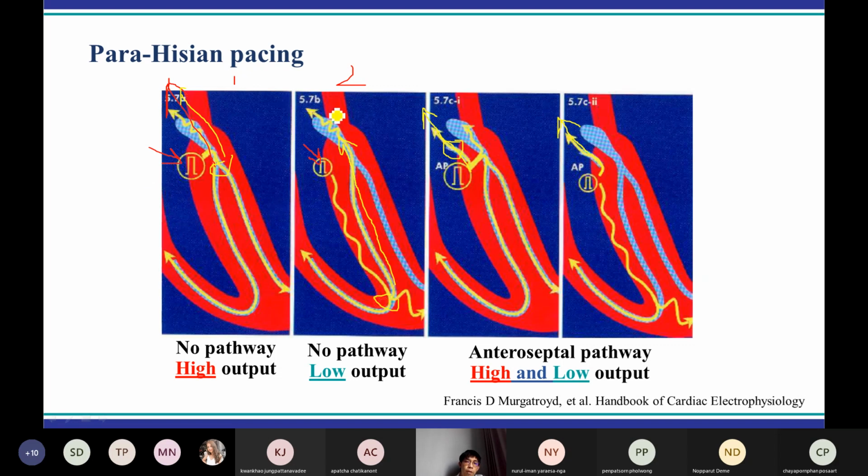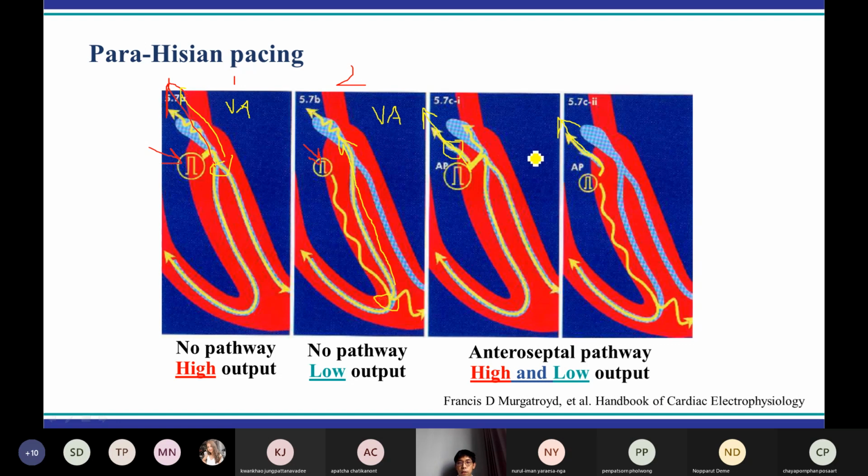In the normal heart without accessory pathway, if you put the high output in and the electrical signal directly captures the His and goes up to the atrium, this would result in a shorter VA time compared to when you put the low output in. A high output will result in a shorter VA time than the low output in the normal heart without accessory pathway.